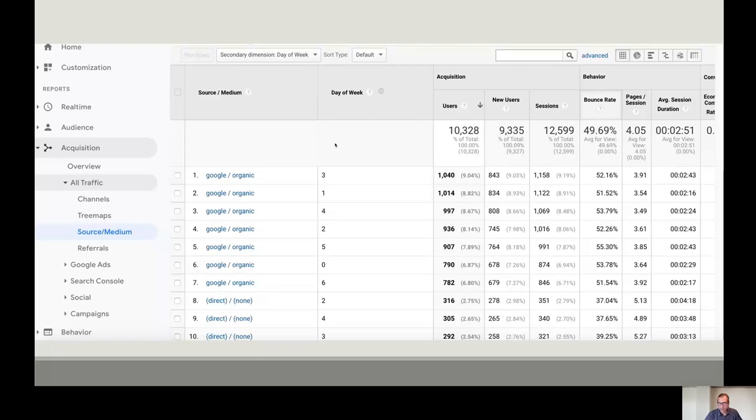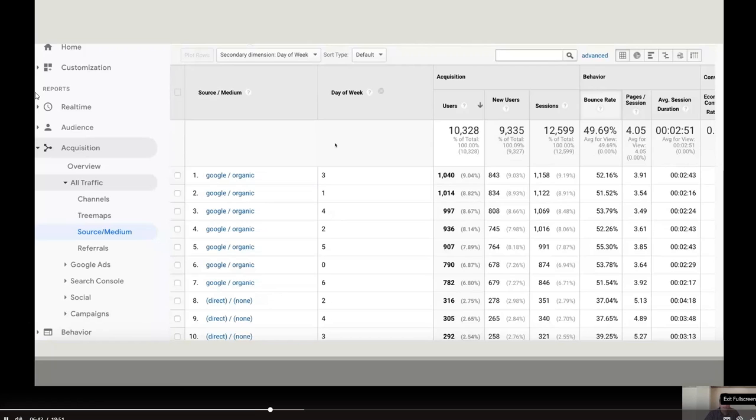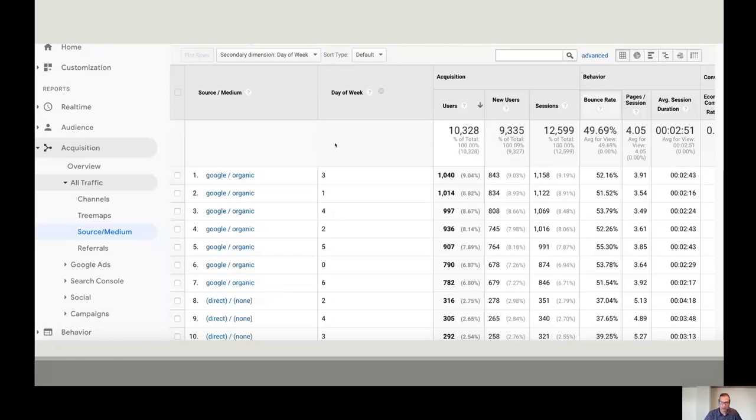So this tells you something about the distribution of traffic coming from different sources. And this might also give you a sense of which days are better days to invest more in my ad campaigns, because Tuesday seems to be a great day in terms of bringing in traffic.